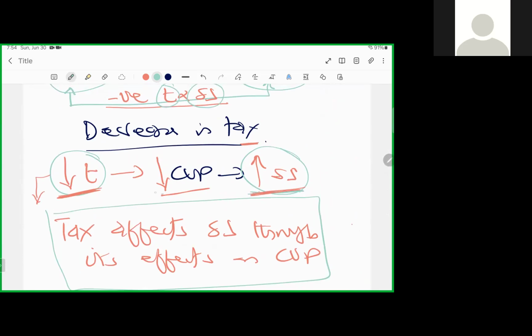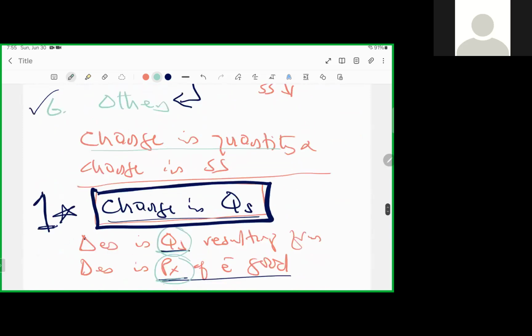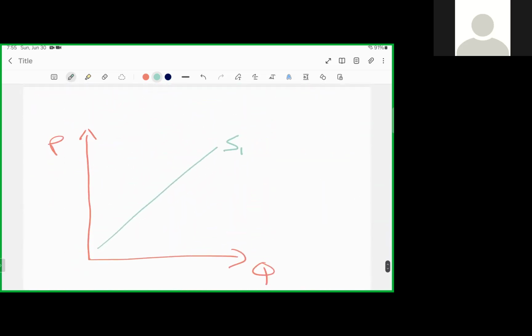So if there is a decrease in tax, what will happen to cost of production? It will fall, and supply will what? Would increase. So when government wants to increase the supply of a particular good, it decreases taxes to reduce the cost of production.